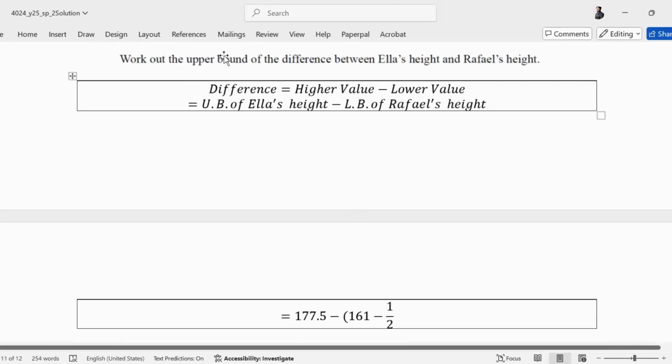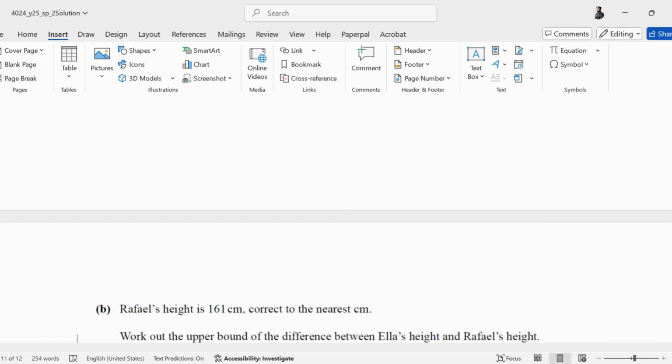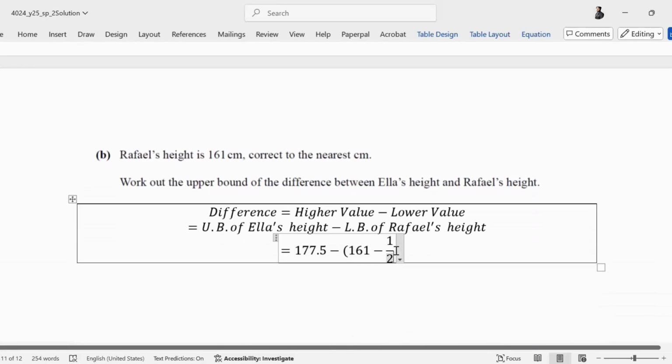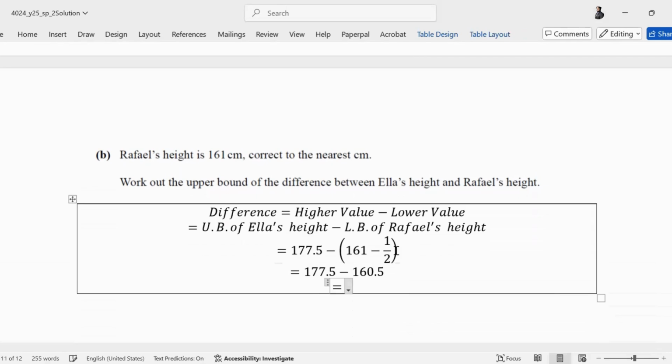This is how I can find the upper bound of the difference, which means the greatest value. 1 upon 2 is 0.5, so 177.5 minus 160.5. If you subtract decimals from decimals, the answer that you should end up getting is 17 centimeters.